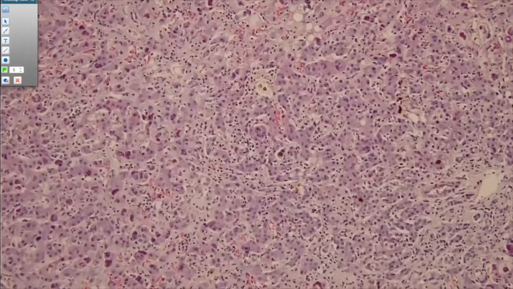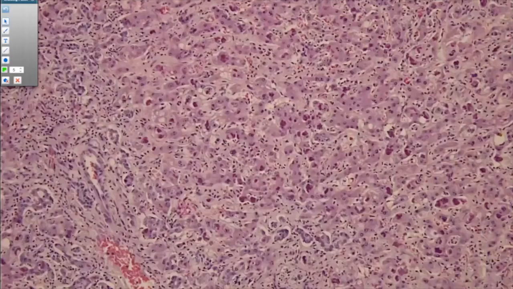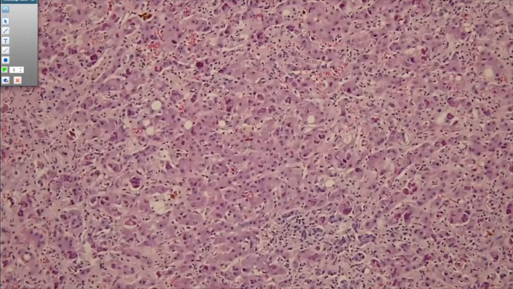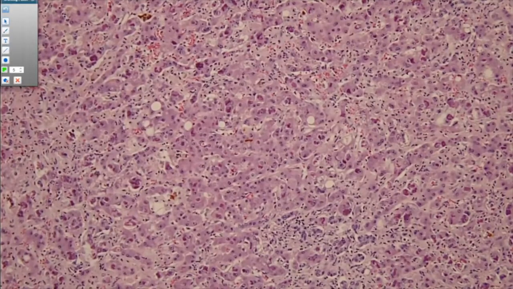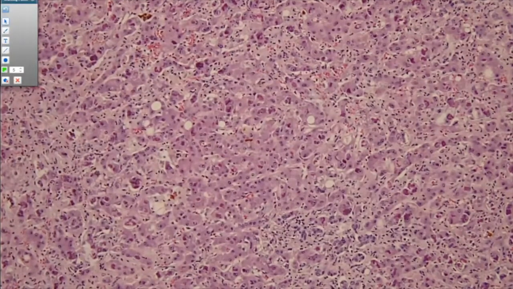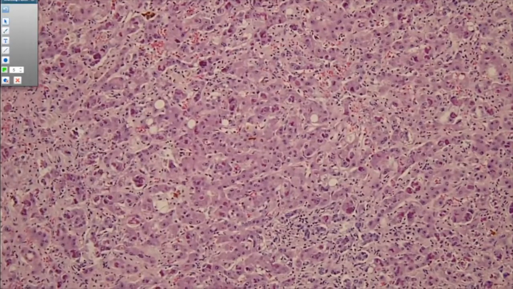And another big population is alcohol. Actually, in this country, generally 6 months to 1 year of abstinence is a requirement to receive a transplant. The patient may start drinking again.